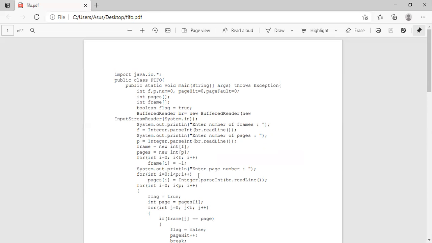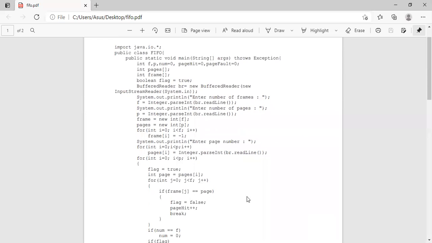Now we are entering all the page numbers, and while inserting the pages, we are checking whether the page is similar to one in the frame. If your new page is similar to one in the frame, we can say it's a page hit. The page hit counter is initially 0, it will increase the counter, and it will break from here, because the page is already in a frame, so we are not going to insert.